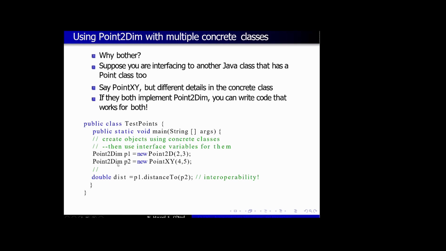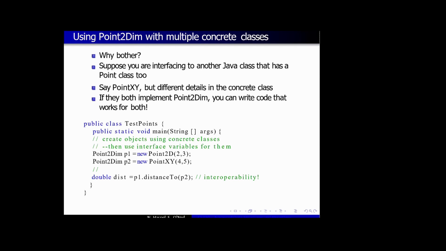But now we've managed to have them in one type of point. P1 and P2 are much closer together, much more interoperable. And in fact, you can do P1 dot distance to P2. So you could have points coming in from two applications with slightly different details, but you can still program with them. So you get this interoperability.